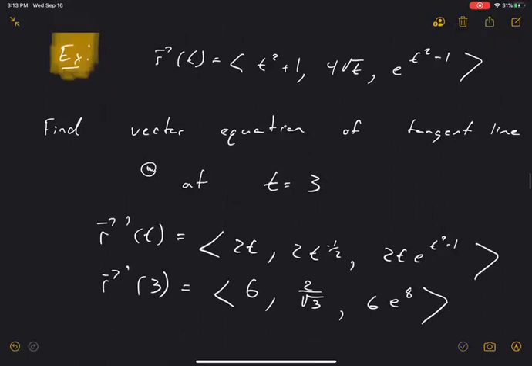Okay. So what would r of 3 be? That would be, let's see, plugging in 3 for t, we would get 10, 4 square roots of 3, e to the 8.